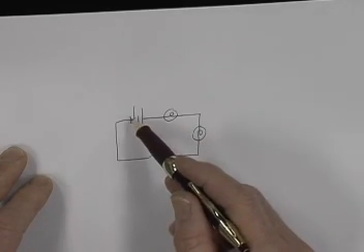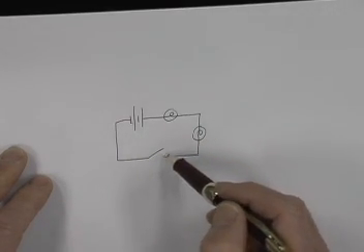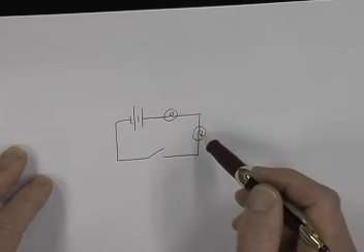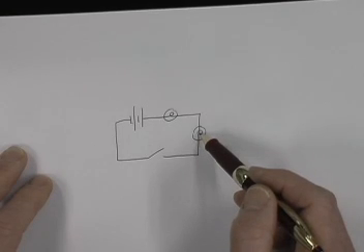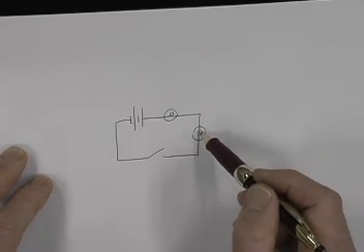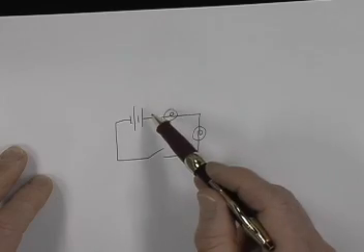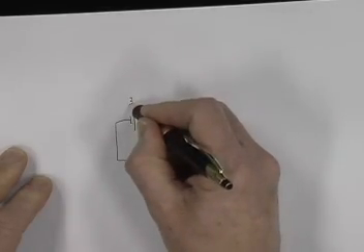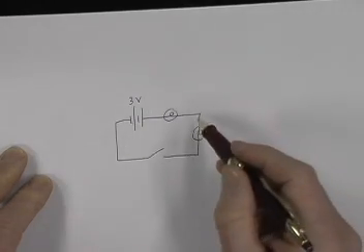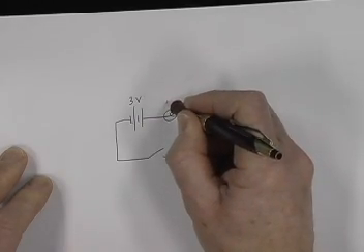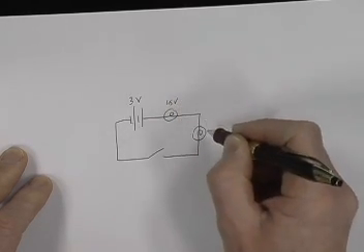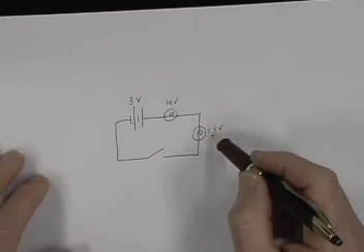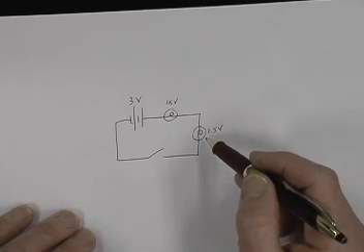So in this case, the electrons have to go through the switch, through lamp 1, lamp 2, and to the other. In this case, these lamps are now dimmer because the same current flows through both, and the voltage across the two of them combined is still 3 volts. And so across each one is actually 1/2 of that, 1.5 volts. And you can use your voltmeter to actually measure that when you design a circuit.